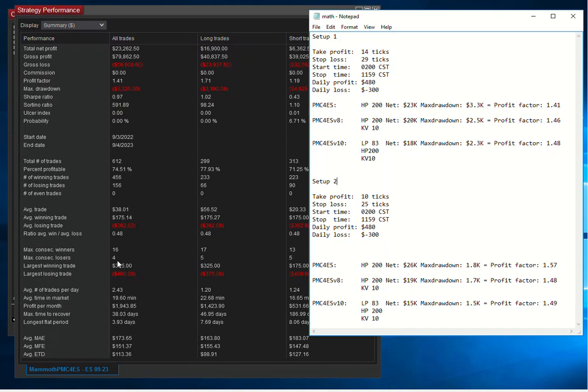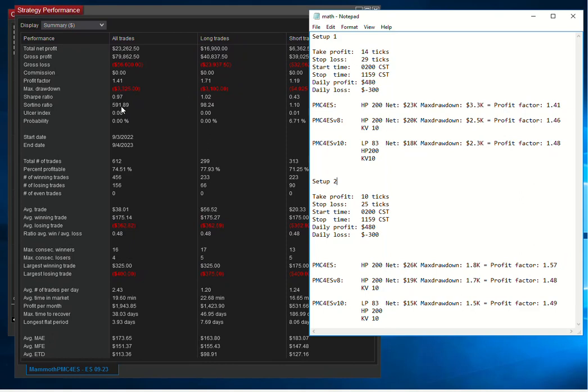Now, for one contract, if the stop loss is 29, the 4 losers are not gonna hit your max drawdown, but accumulated together, you might be able to see. But that's not too bad. That's actually okay. Now you look at the Sortino ratio, 591.